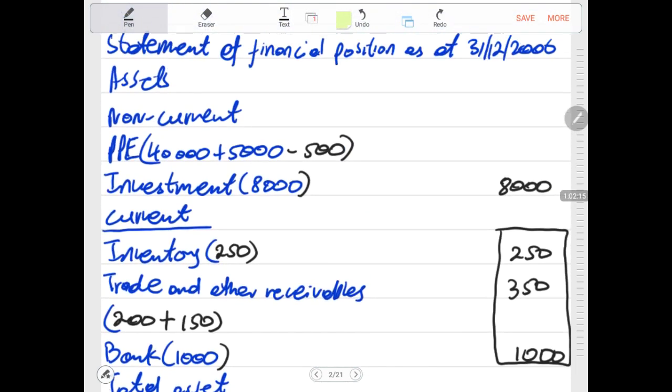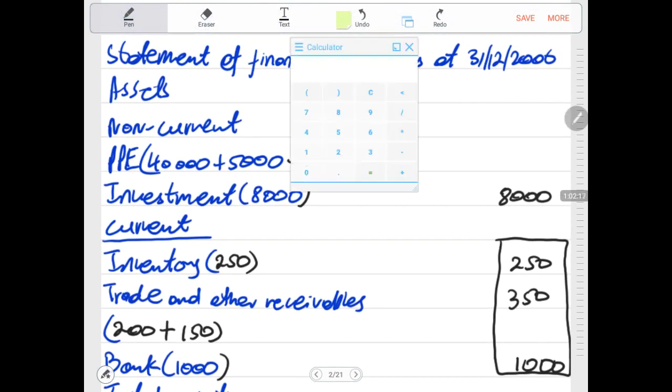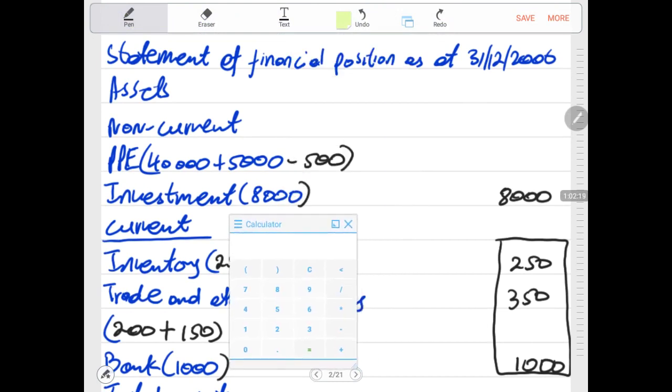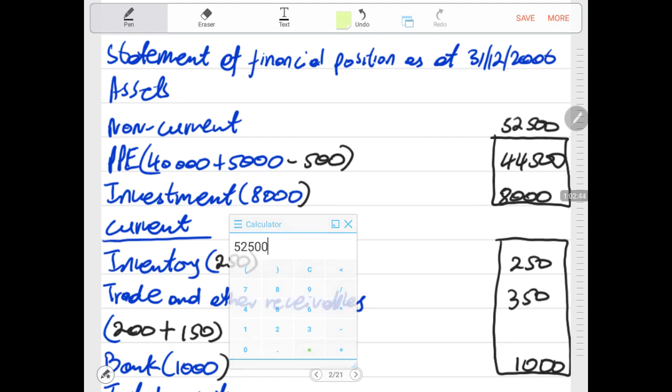Then let's go to our assets and we totalize the amount of the property, plant and equipment. 40,000 plus 5,000 minus 500. This gives us 44,500 rands. And our total of the non-current assets will be plus 8,000 rands, and it gives me 52,500.